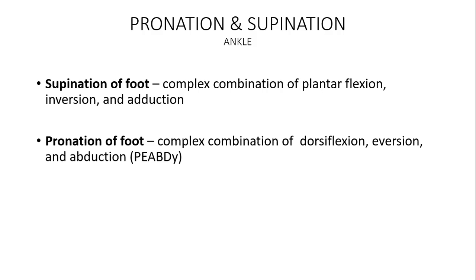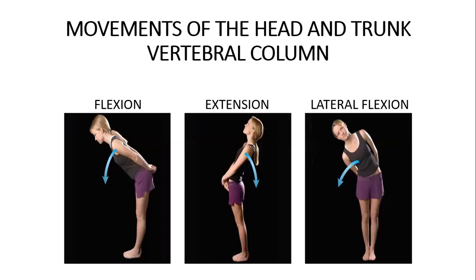So pronation and supination of the ankle. Now, at the neck and the vertebral column, there's also movement. So we spoke about flexion of the head and extension of the head. We also have lateral flexion of the head.